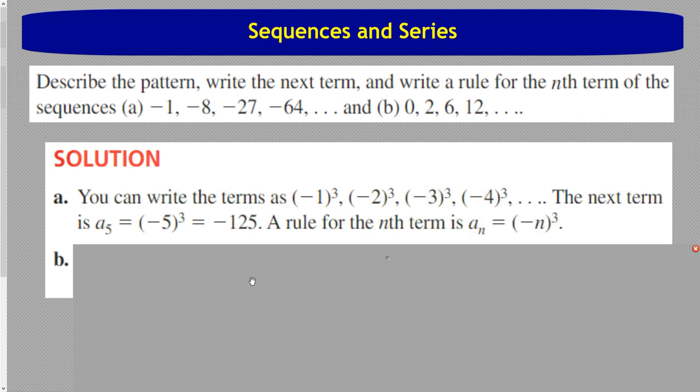So let's play with these a little bit. Describe the pattern, write the next term, and write a rule for the nth term. For the first one, we've got -1, -8, -27, and -64. So we need to think of a way to describe the pattern. So how are these numbers being constructed? So let me grab a marker.